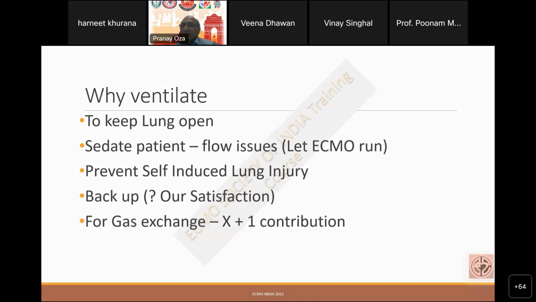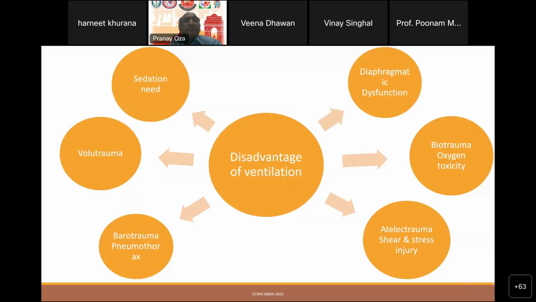For some backup, if something goes wrong with ECMO, I don't know, that might be just our mental satisfaction, because sometimes we get only tidal volumes of 30 ml or 50 ml in adult patients, so maybe even less than 1 ml per kg. But in that scenario also, whether it's going to help us or not, at least it gives us some satisfaction. And whatever the gas exchange, it adds to the contribution.